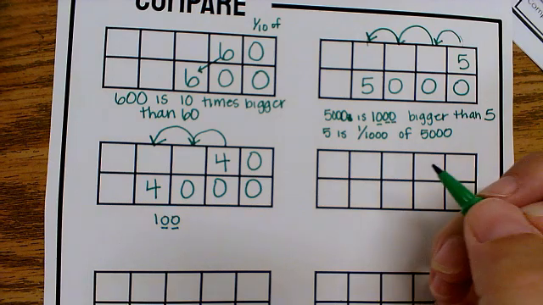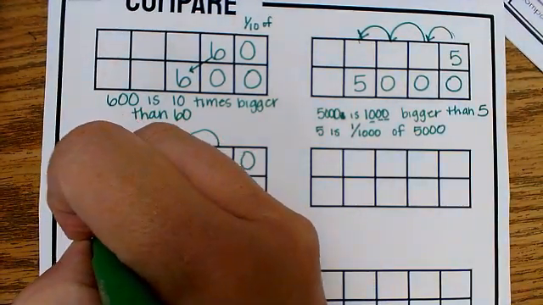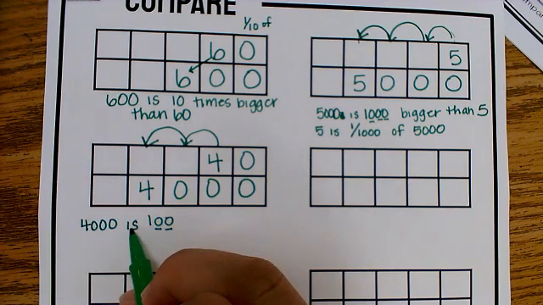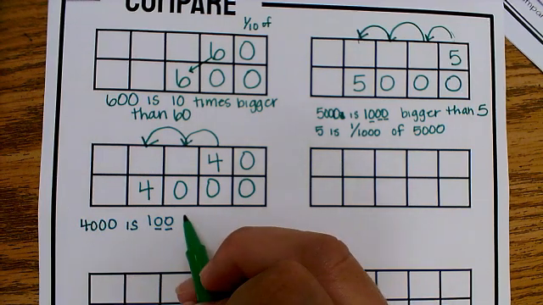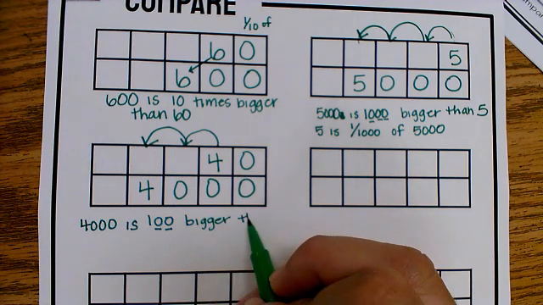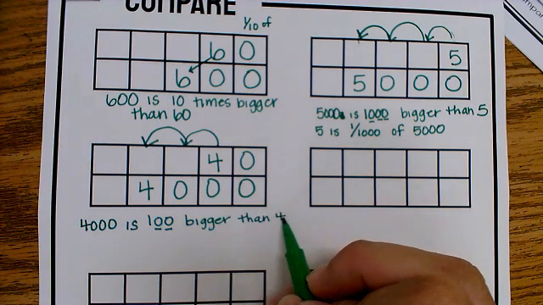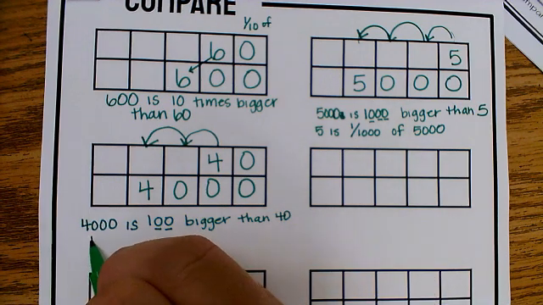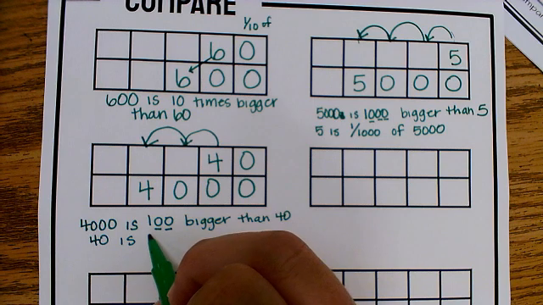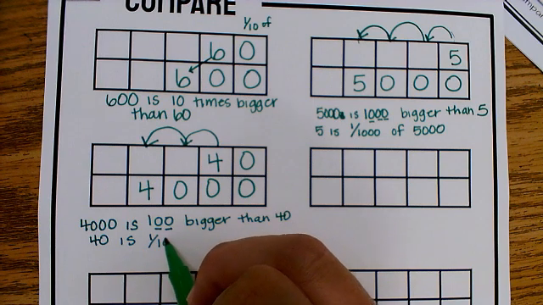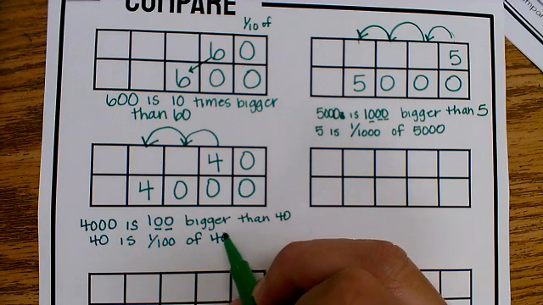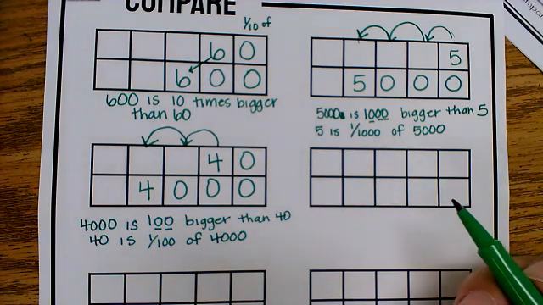That tells me that 4,000 is 100 times bigger than 40. I can also say 40 is 100 times smaller, or I can say it is 1/100th of 4,000.